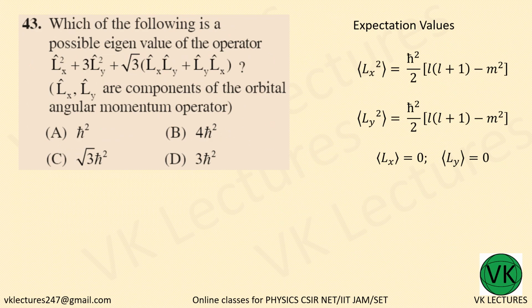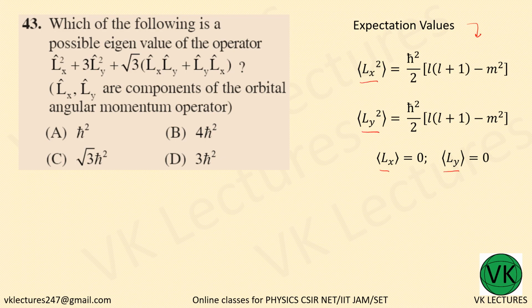Which of the following is a possible eigenvalue of the operator Lx square plus 3 Ly square plus root 3 into Lx Ly plus Ly Lx? So on your right hand side, what you're seeing is expectation value of Lx square, Ly square and Lx Ly.